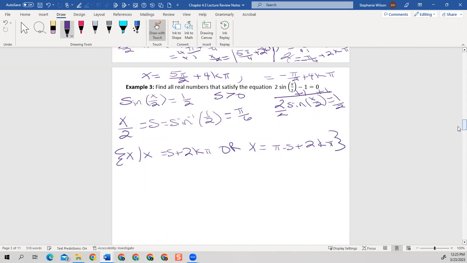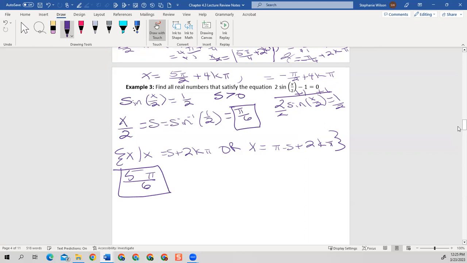We know that we have solutions on the unit circle. We just found one, which is pi sixths. Also, when you go to the unit circle and you find a half for the sine, we also see that it falls at 5 pi sixths. So I want to use these particular ones to calculate my answers or my formulas.